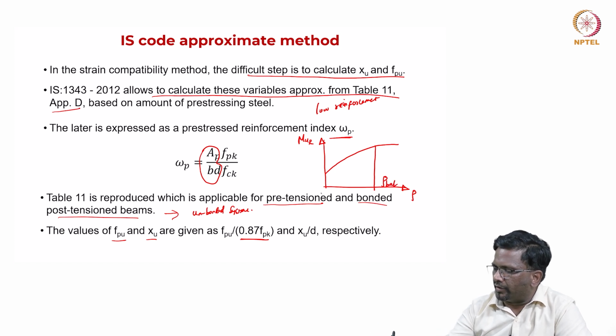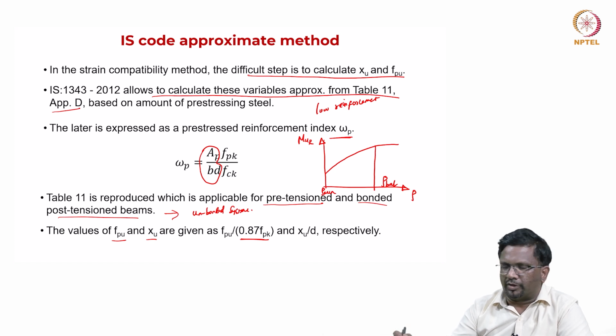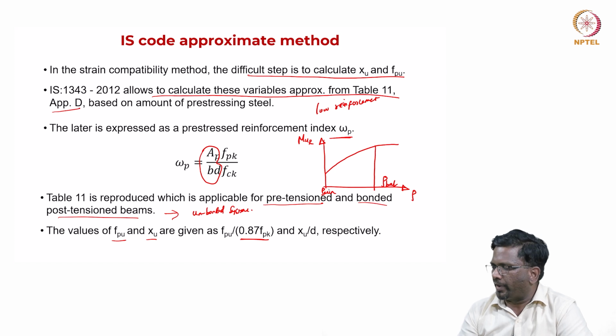This is your rho minimum, because every cross section should have some minimum steel, so that right after cracking the section should not fail. The section should have some post cracking strength. That is the reason minimum steel has to be provided. Different codes give different ranges for minimum steel, but the objective is to ensure that after cracking the section has some reserve strength, so that it can absorb the energy during cracking.